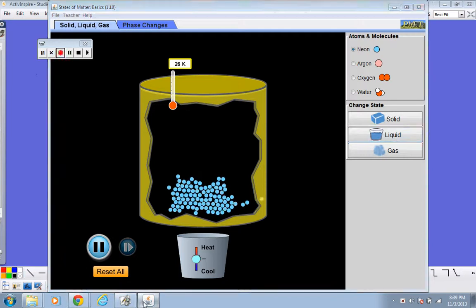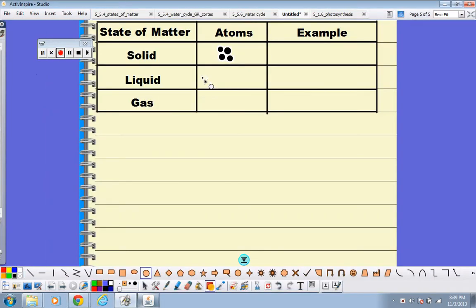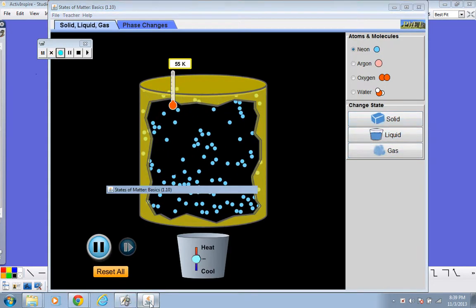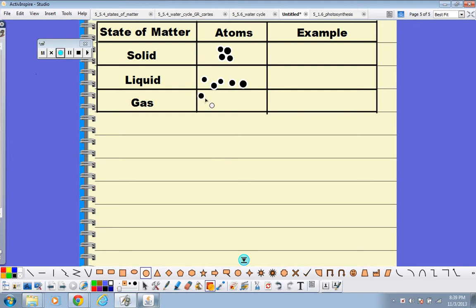And they should be more loose. So let's draw our liquid atoms a little farther apart. Just like that. And then remember gas, all the atoms are going crazy. So when you draw your gas atoms, make sure you draw them really far apart. Like that.